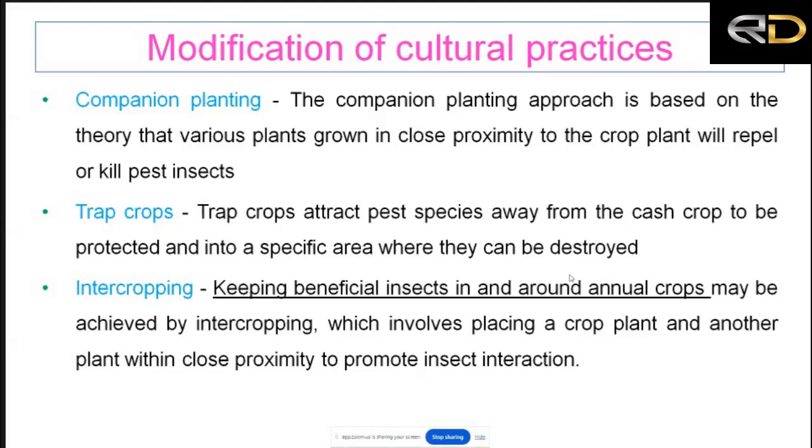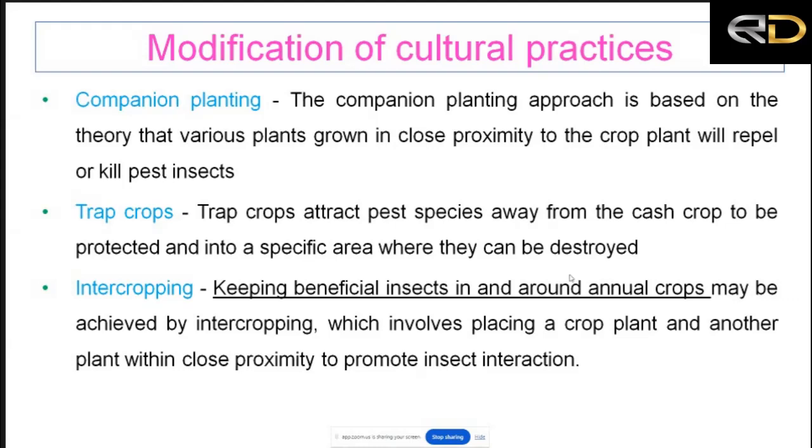Here, the theory behind it is that if these plants are grown in very close proximity, meaning very near to each other, then the crop will repel or kill pest insects. They are not allowing the other plants to come nearer, so they are not leaving any vacant spaces in between them. So companion planting is also sometimes useful.